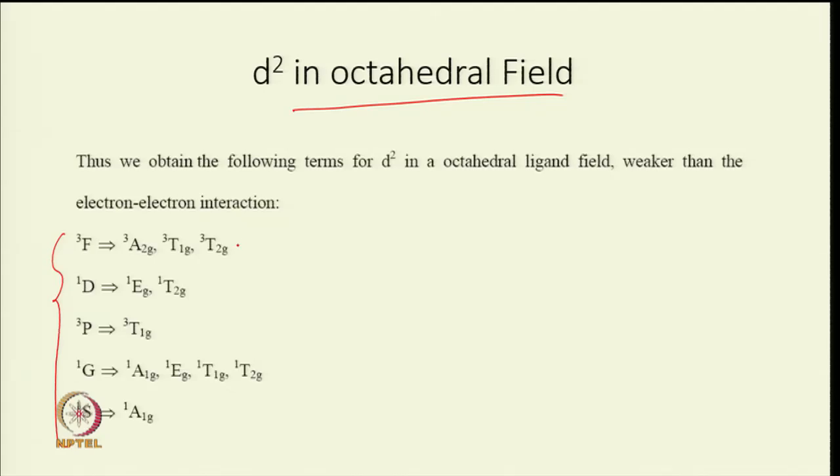Now, we have also looked at what symmetric representations we get in the presence of an octahedral field. For example, 3F will give 3A2g, 3T1g, 3T2g. You remember 1S gives 1A1g, 3P gives 3T1g, and 1D.